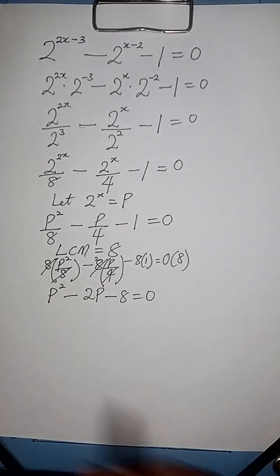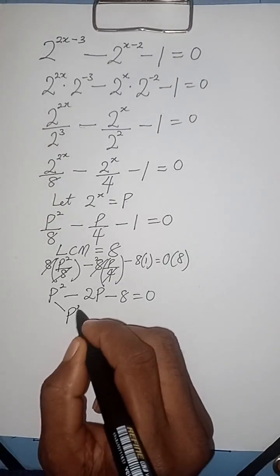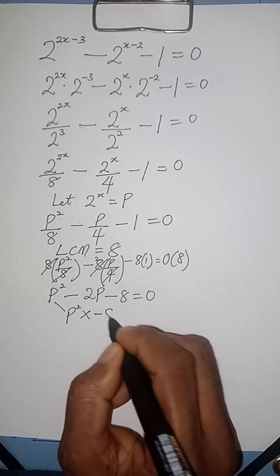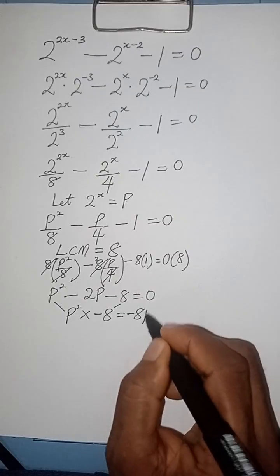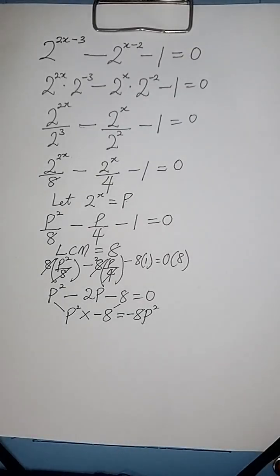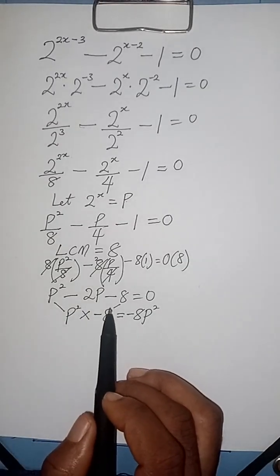If you factorize this, recall how to factorize: p squared multiplied by minus 8, which will give you minus 8p squared. Now, look for two factors of minus 8p squared, two numbers you multiply to give you minus 8p squared, and when you add them, it's going to be minus 2p.